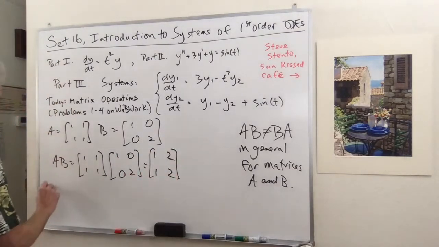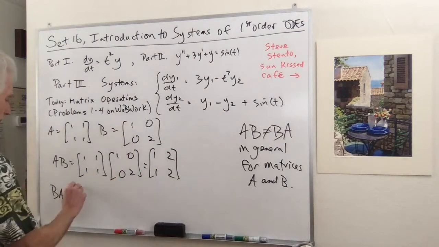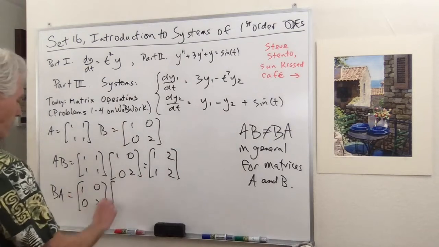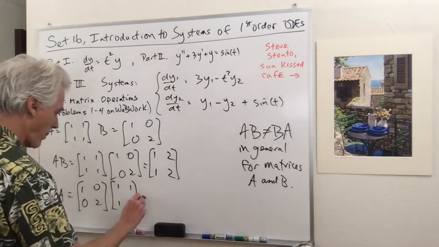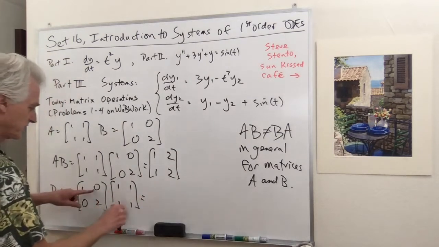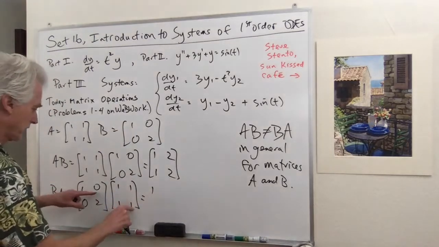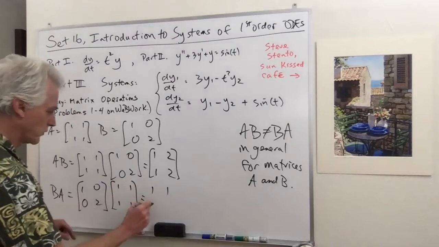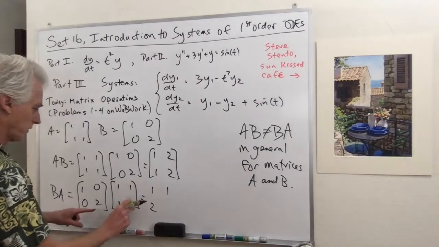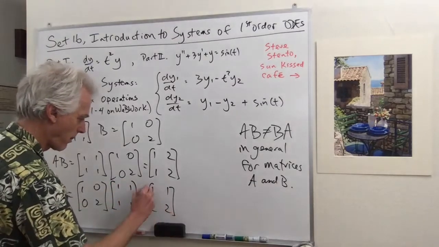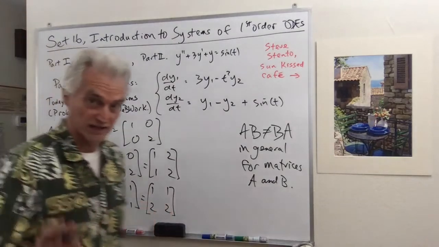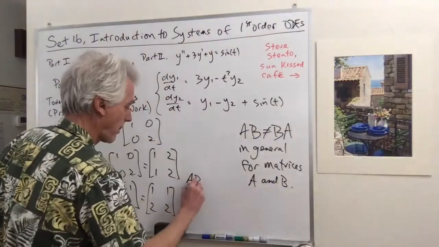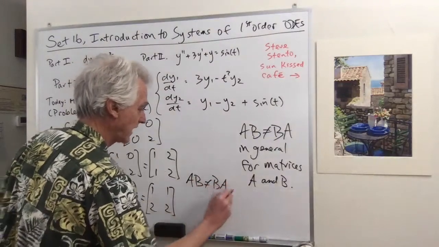Okay, what about BA? BA is 1 plus 0, 1 plus 0, 0 plus 2, 0 plus 2. So in this case, we do have an example where AB is not equal to BA.